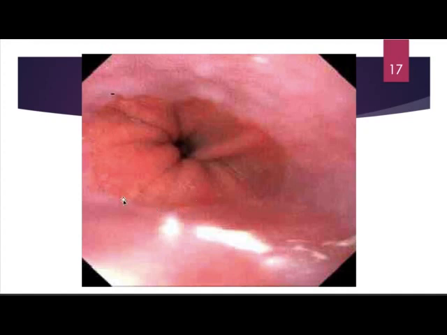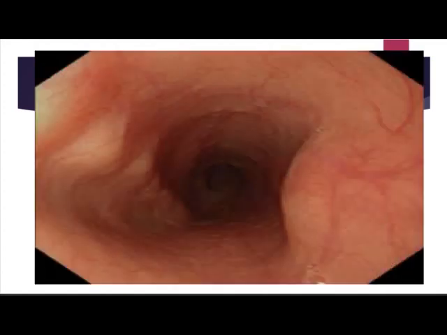So we have this ring here where the tissue changes. This is a little bit whitish here, and then this is a little pinkish. This looks like healthy tissue. This is also in the esophagus, and it's normal. So the wall is a little bit white. There's some vasculature.